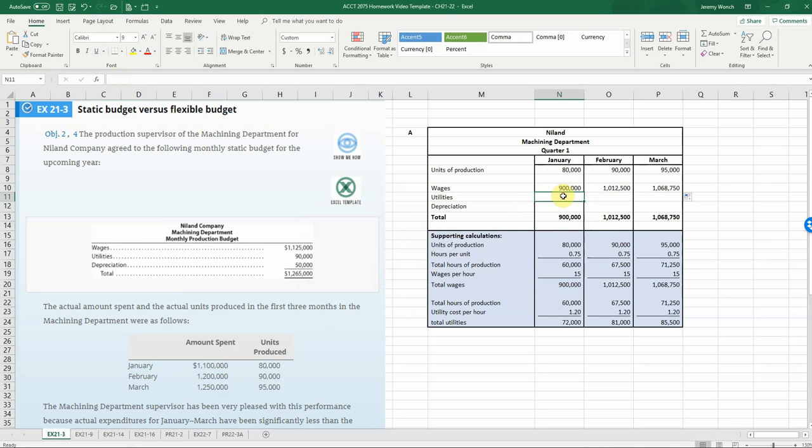Then we have our utility cost. And then for depreciation, that isn't going to change based on units, so we can just plug in what we had in the budget.